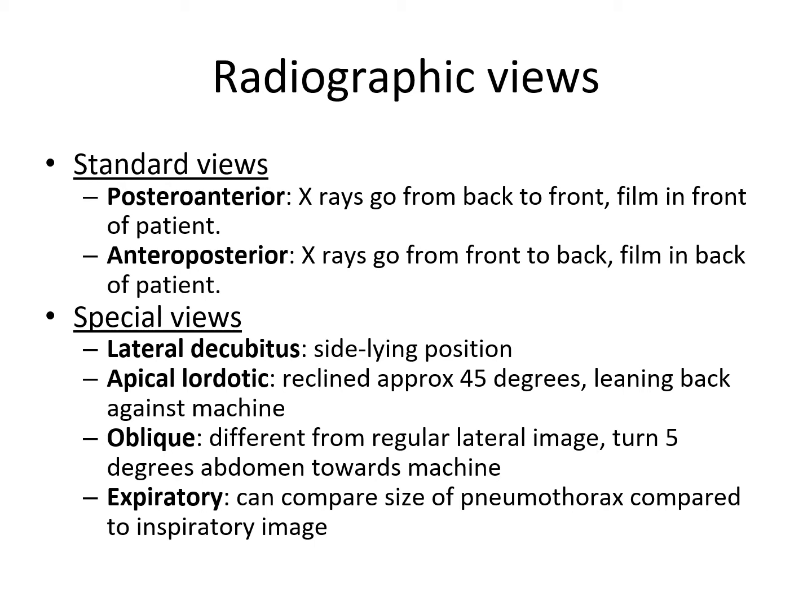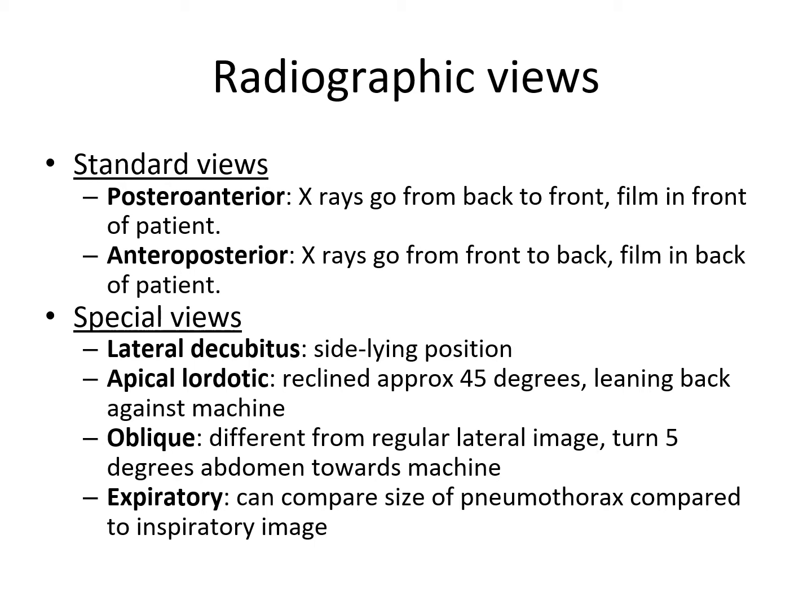And then there are other special views, again depending on what they're looking at. Lateral decubitus film is laying on your side, and that's generally used to help diagnose a pleural effusion. They usually have them lying on their side with their arms above their head.